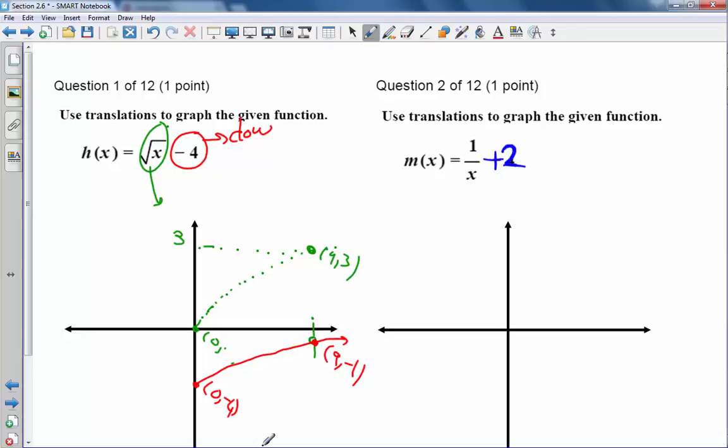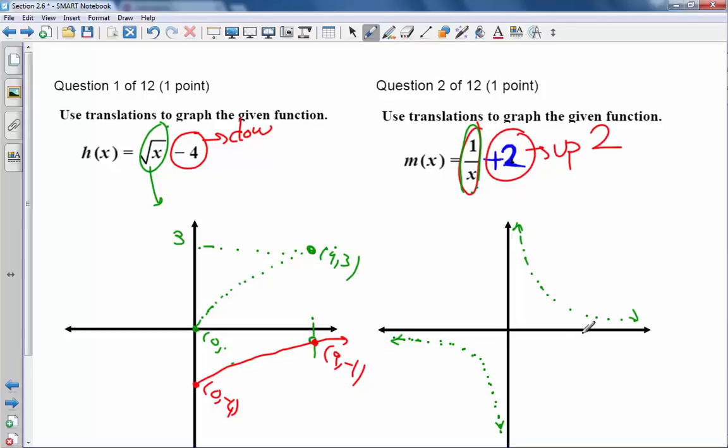How about this one? All right, first name 1 over x. What's the name of this one? Reciprocal. It's just these two curves like this. All right. Now, how do these pictures change? It will move up. This means up 2.